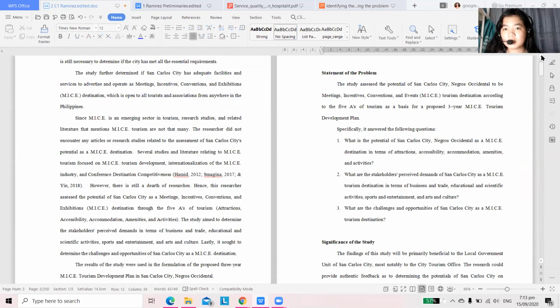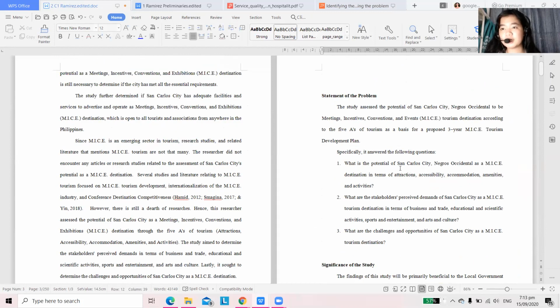In the statement of the problem, you need to think of at least 3 to 5 research problems that you would like to find solutions to by the end of making your research paper. For example, since I am curious to know if San Carlos City has the potential to become a major tourism destination that can host major or national events, I need to know the following.